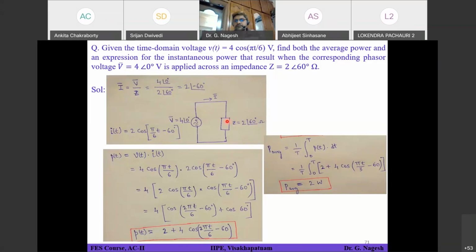Can we say straight away that you have only resistance and inductance, or can resistance, inductance, and capacitance all be there in this Z? Is it only R plus j omega L, or can it be R plus j omega L minus jXc?